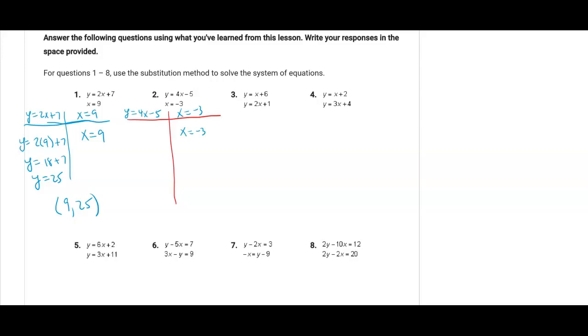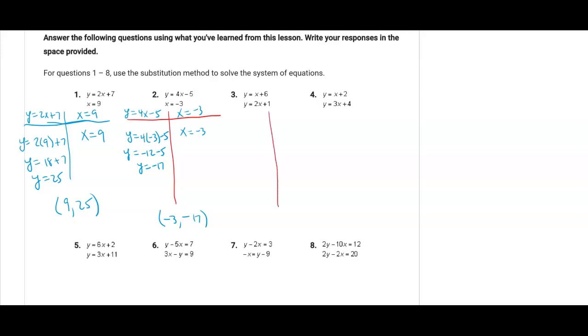No, the only value of x that'll make that true is negative 3. So all I have to do is come over here. Everywhere I see an x, I replace it with negative 3, right? So 4 times negative 3 is negative 12, minus 5 is negative 17. So my ordered pair solution here is negative 3, negative 17. Okay?